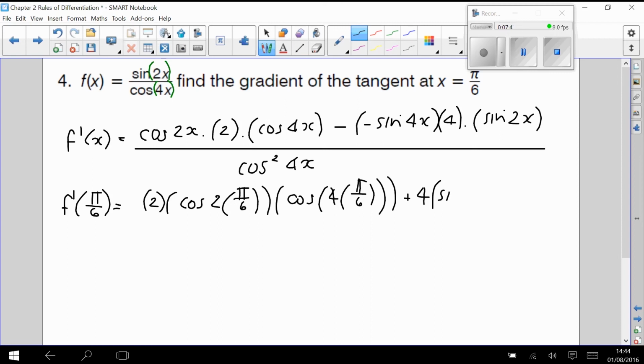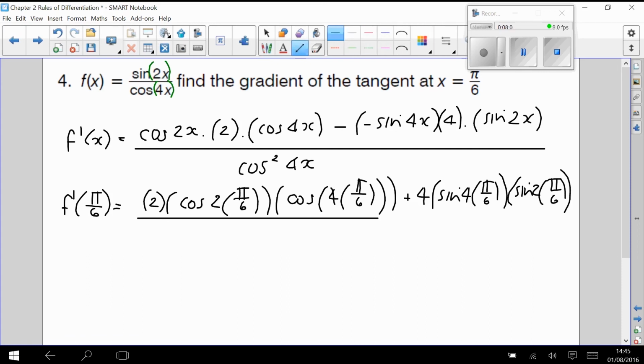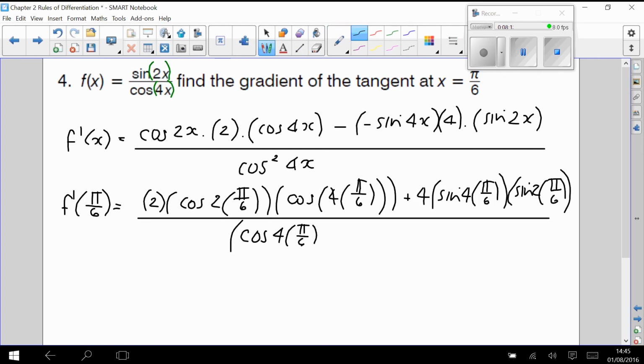And then that is times by sine 4 times pi all over 6 times by sine of 2 times pi all over 6. And I write that all over cos, and I'm going to write that as 4 times pi all over 6, and I'm going to take that whole ratio and square it.